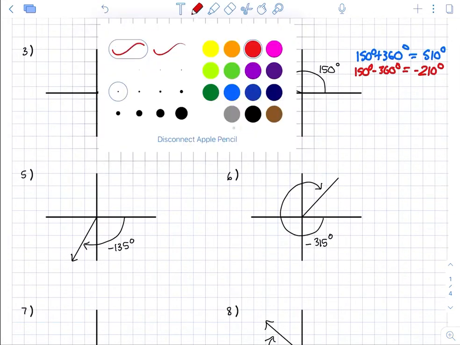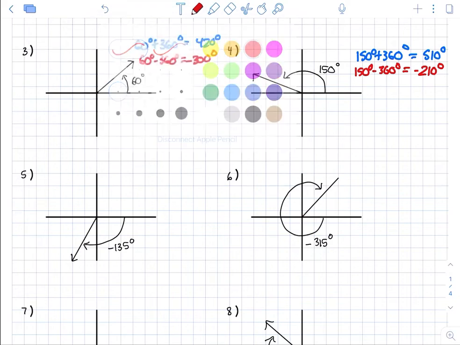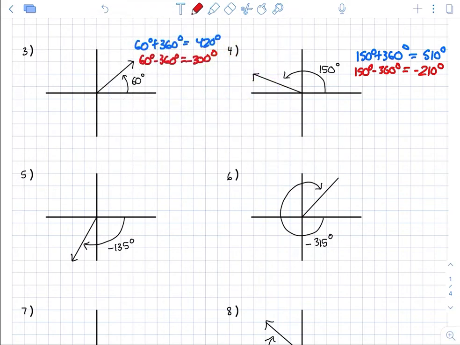Number 5. Okay, so we're given negative 135 degrees. Remember, going negative is going clockwise from the positive x-axis. In order to find a positive coterminal angle, we just add 360 and we get 225 degrees.